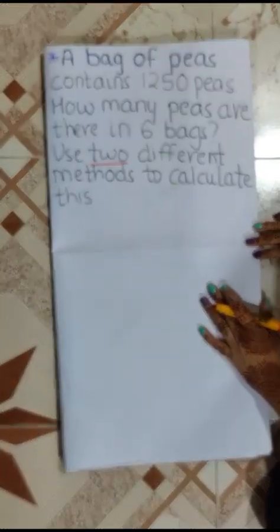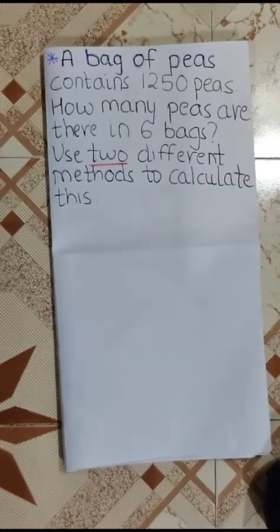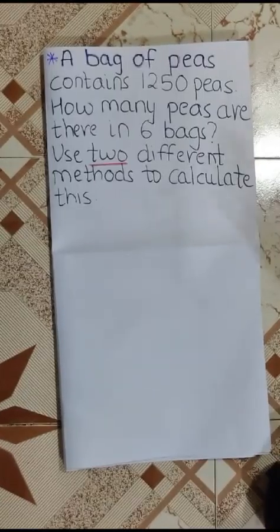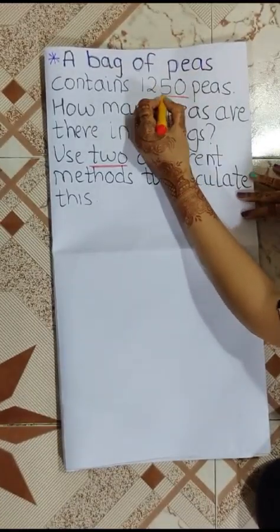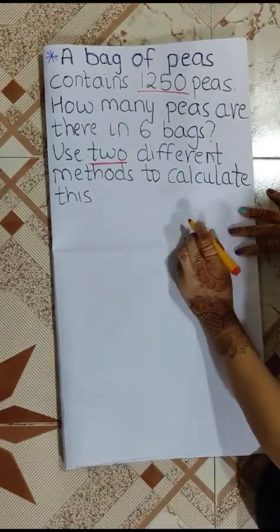So first, as usual, we try our comprehension to be integrated and the statement formation. So a simple statement that we will form, as the question says, a bag of peas contains 1250 peas.